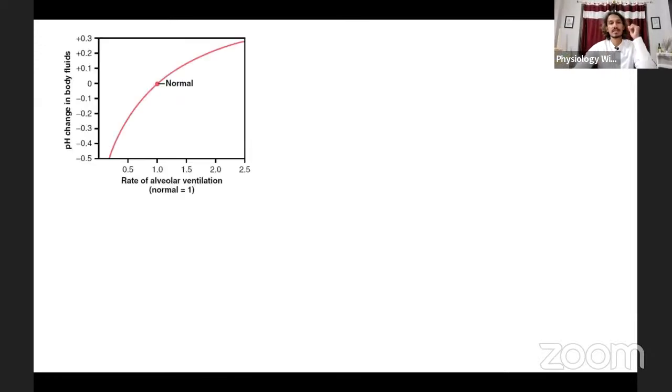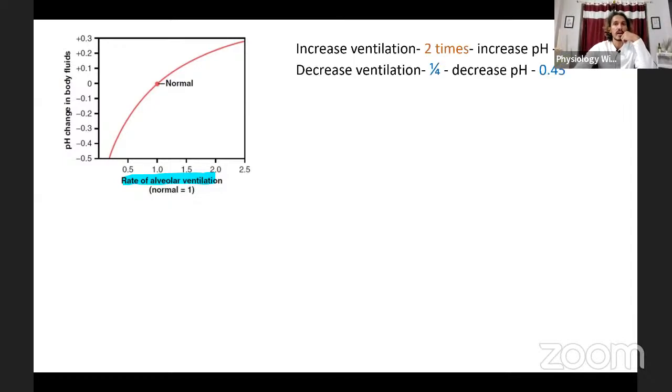Now the rest of the things. That is acid-base balance, we'll talk about it. If you look at the rate of alveolar ventilation, when you increase the rate of ventilation by around 2 times, can you see this?